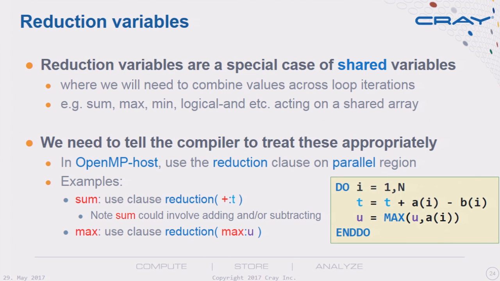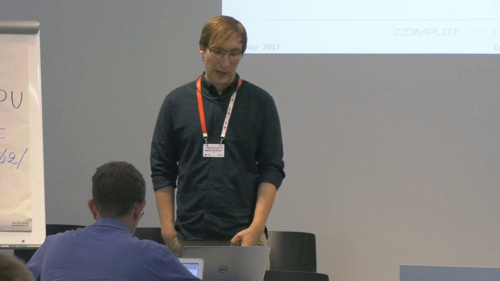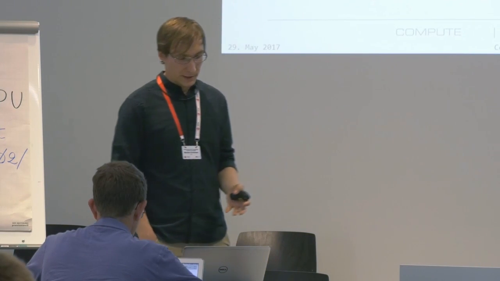And as we also do in OpenMP host parallelization, we also have to take care of reduction variables. So if we have shared variables which then at the end are combined between the different threads, which is called reduction, we have to specify that with the directives to the compiler, to really take care of that.